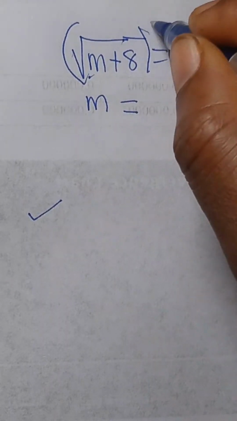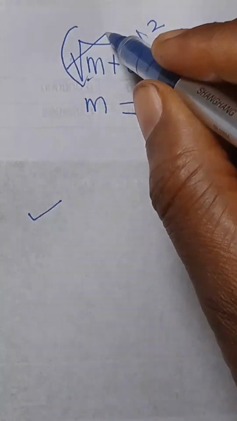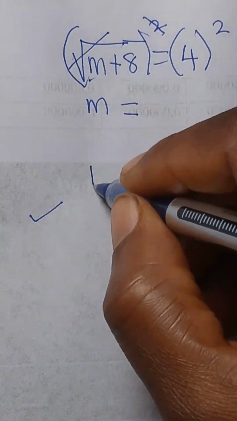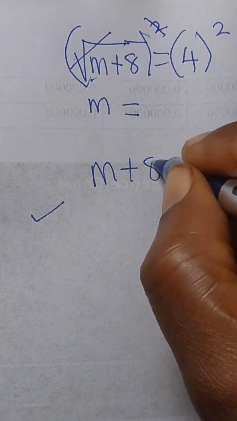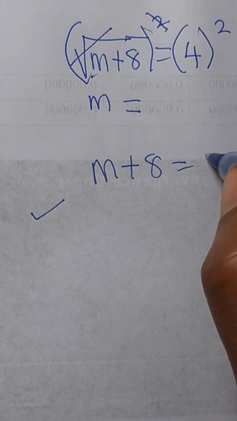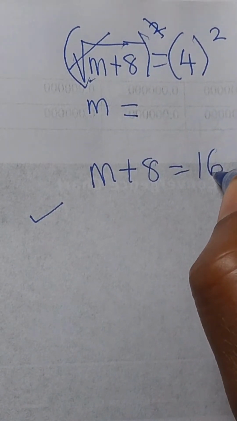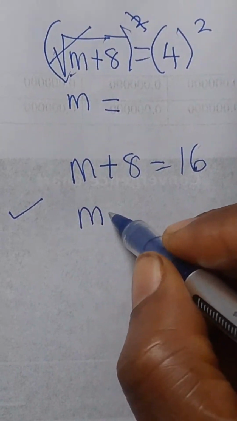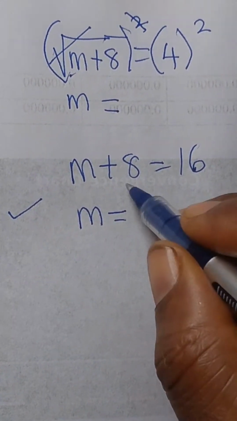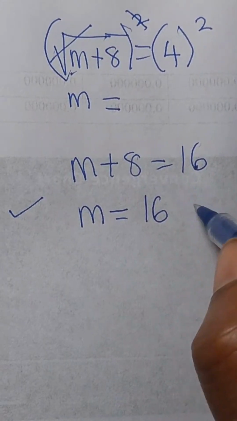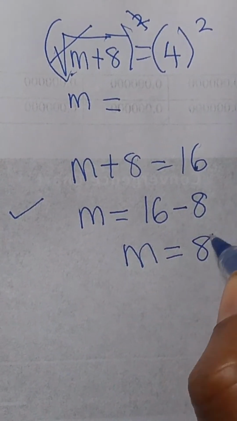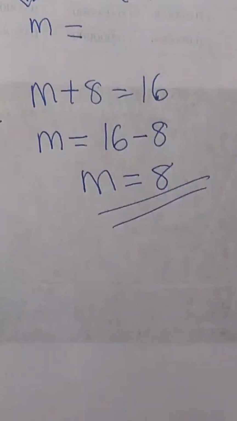You raise them to the power of 2. This square root will be cleared by this power of 2 here. We have m plus 8 is equal to 4 squared is 16. That is 4 times 4 is 16. So m is equal to 16. When this plus 8 crosses the equality sign, it becomes minus 8. So our m is equal to 8. So that is the answer to the question.